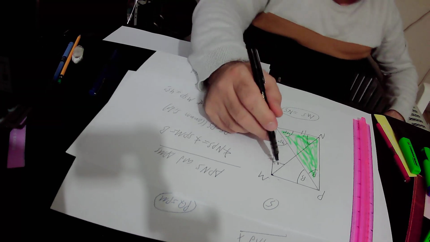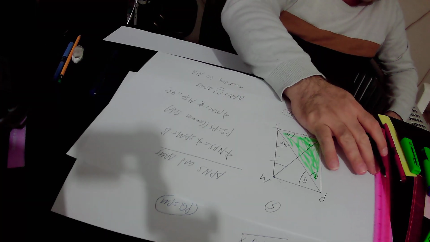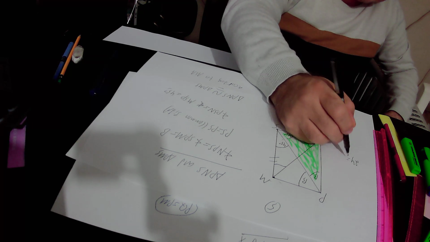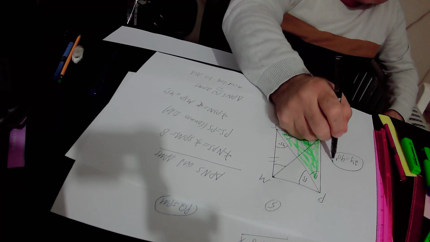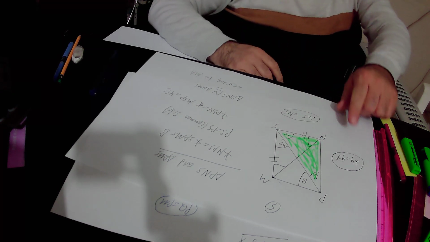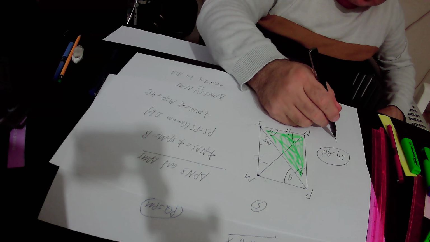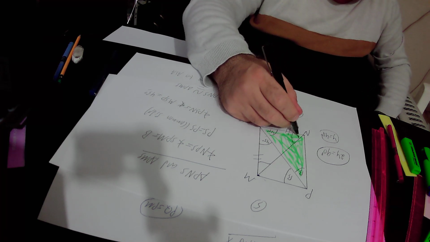So if we define this angle as y, then this angle will also equal y. And y plus y, that is 2y, must equal 90 degrees according to the rule that the sum of the angles in any triangle is 180 degrees. So we got that 2y equals 90 degrees. We divide this equation by 2 and we get that angle y equals 45 degrees. So we found out that angle y equals 45 degrees.